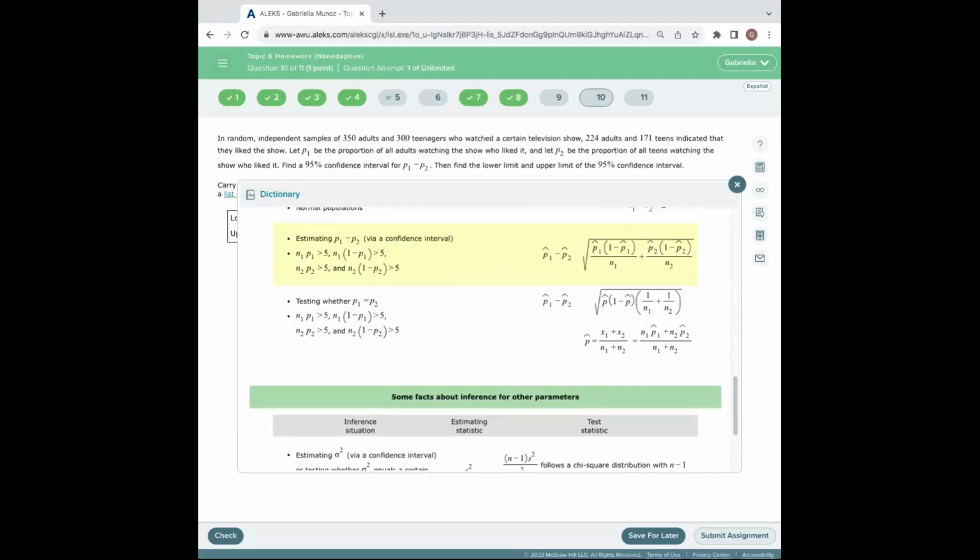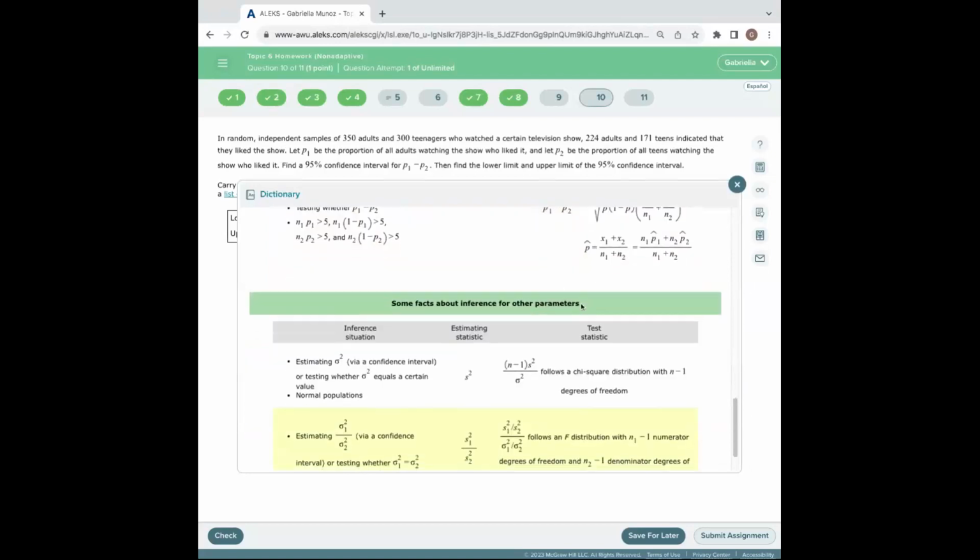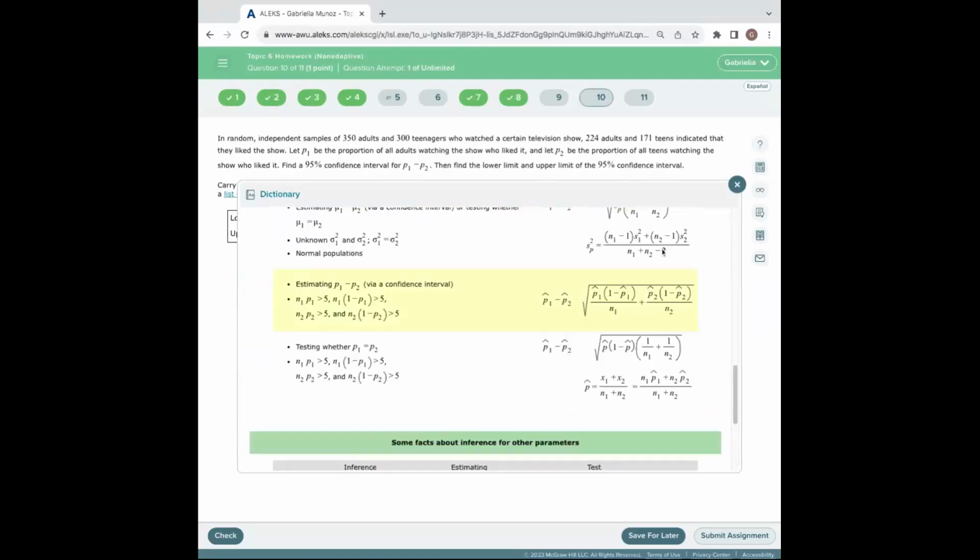Right there. So there you go. That's the two formulas: the confidence interval and then the other one. It looks like it's missing some formatting. I don't know, maybe it's a browser issue, but we can do this.